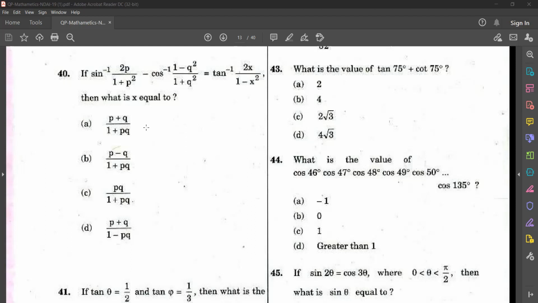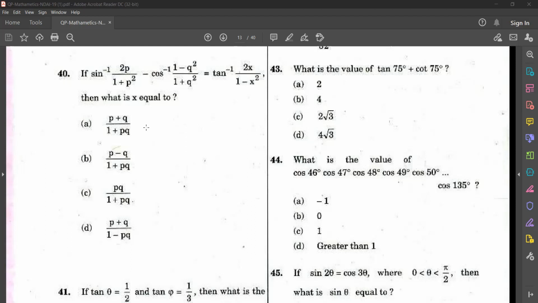Please try the question. All of you, please try. Options are p plus q by 1 plus pq, p minus q by 1 plus pq, pq by 1 plus pq, and p plus q by 1 minus pq. Please try yourself.